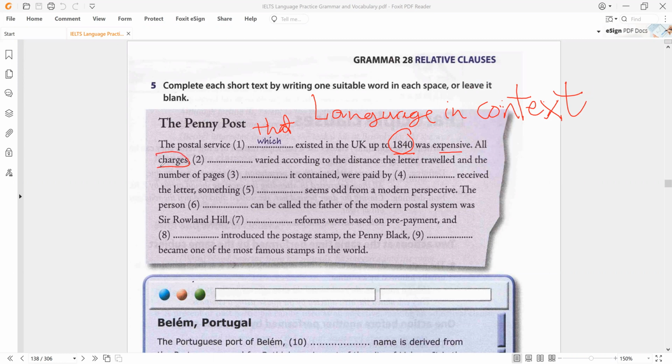All charges, which means money, that, or you can say which, varied according to the distance the letter traveled and the number of pages it contained.